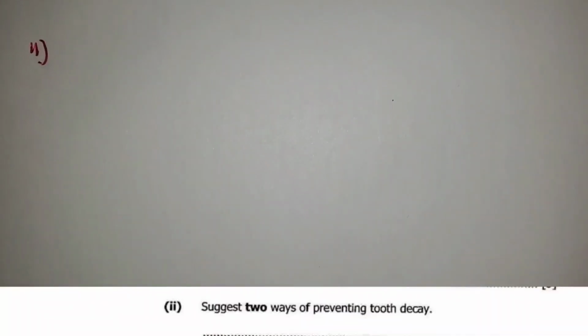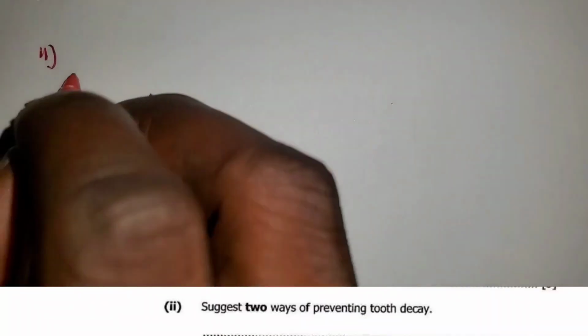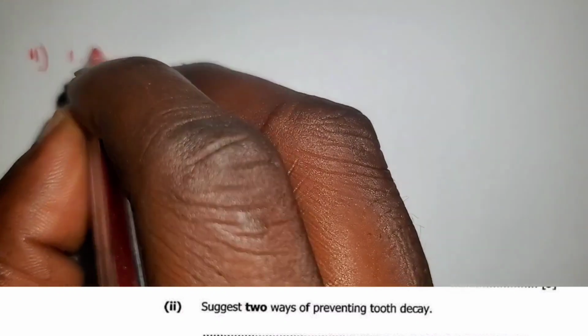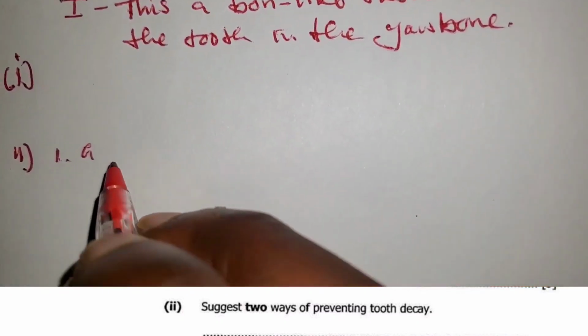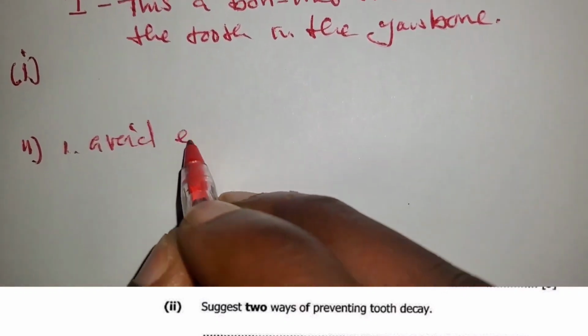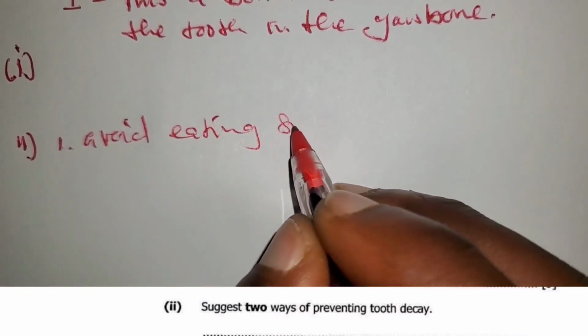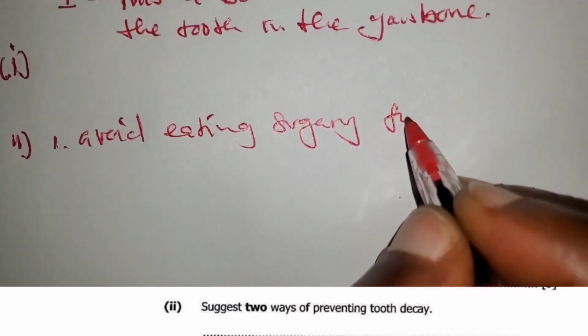Next question, which is 2. Suggest 2 ways of preventing tooth decay. You can say: number 1, avoid eating sugary foods.